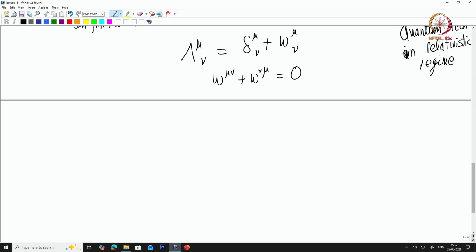So omega mu nu has 6 independent entries. This can be seen just from the antisymmetry of the 4 by 4 matrix, 4 times 3 by 2. These will be divided into 3 boosts and 3 rotations.